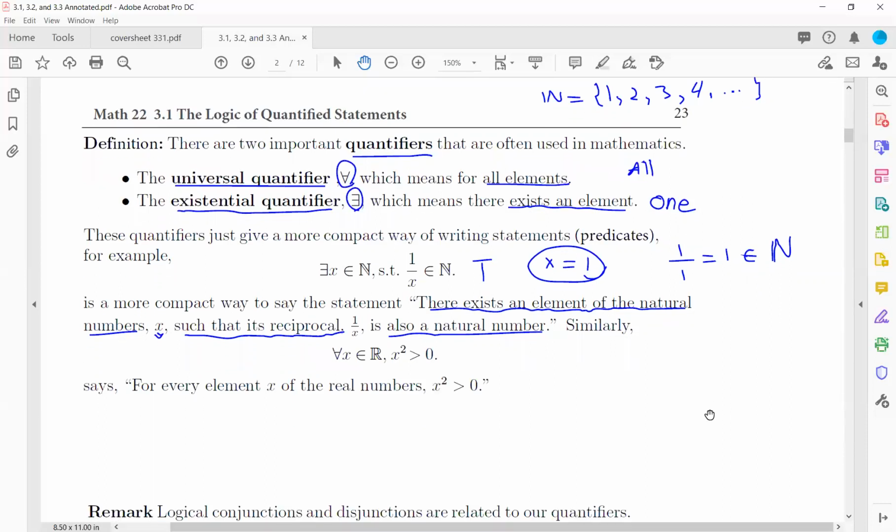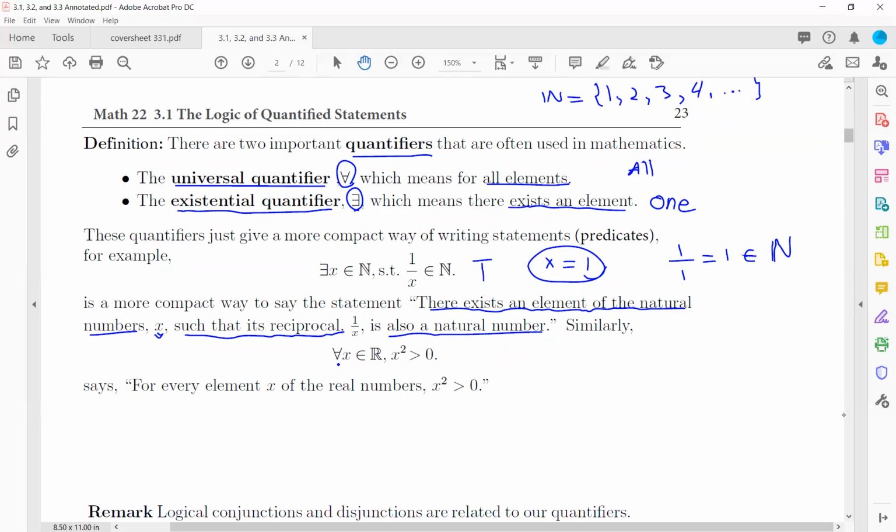Next, for all, for any, for every real number, the square of that number is positive. Here you have a universal statement. You use a universal quantifier, here you have your domain, and this is your statement. So is this true?